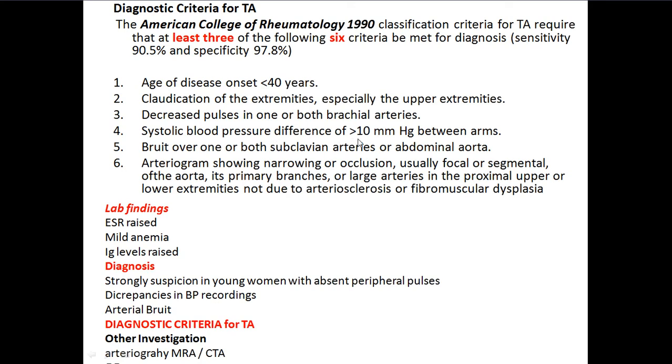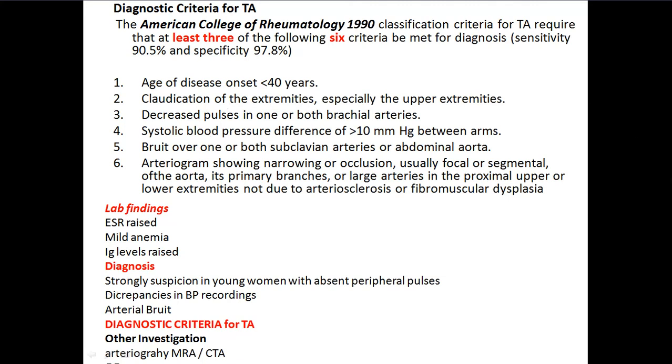Systolic blood pressure difference of 10 mm between the arms. Bruit over one or both subclavian arteries or abdominal aorta. And arteriogram showing narrowing or occlusion, usually focal or segmental, of the aorta and its primary branches, or large arteries in the proximal upper or lower extremities, not due to atherosclerosis or fibromuscular dysplasia.